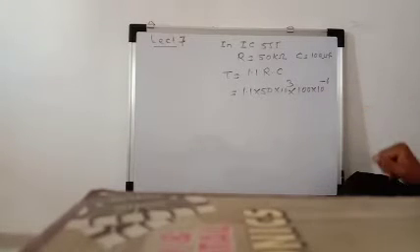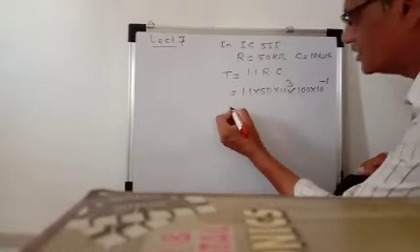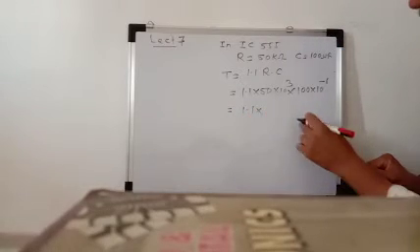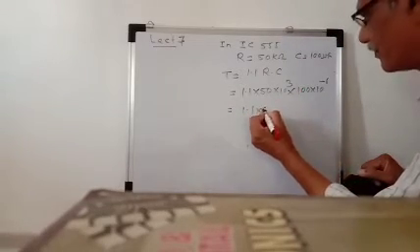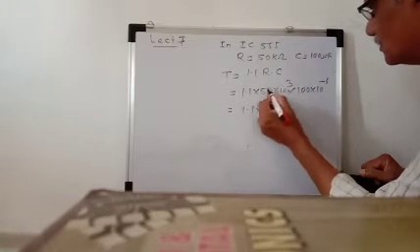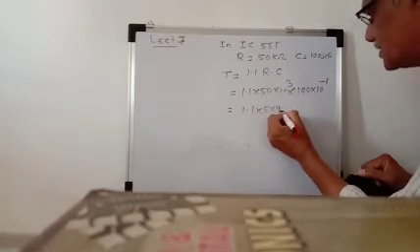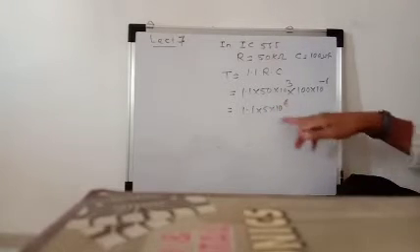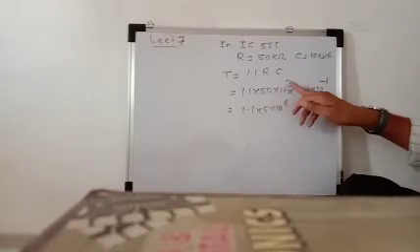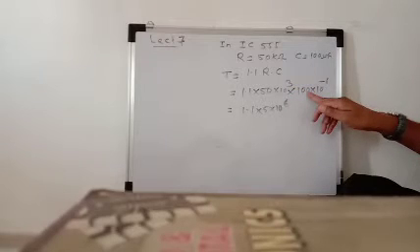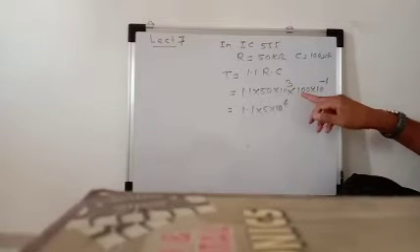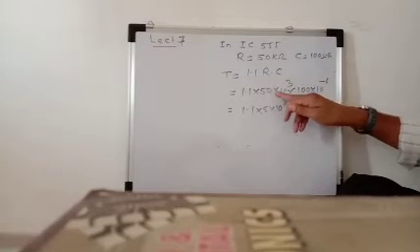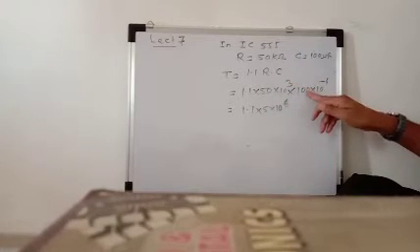So 100 into 10 raised to minus 6, and this becomes 1.1 into 5 into 10 raised to 6, because there are a total of 6 zeros: 1 plus 3, 4, 4 plus 2, 6.